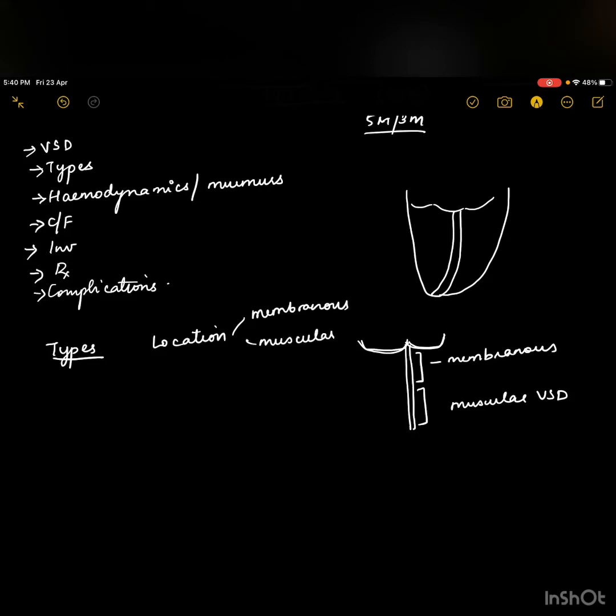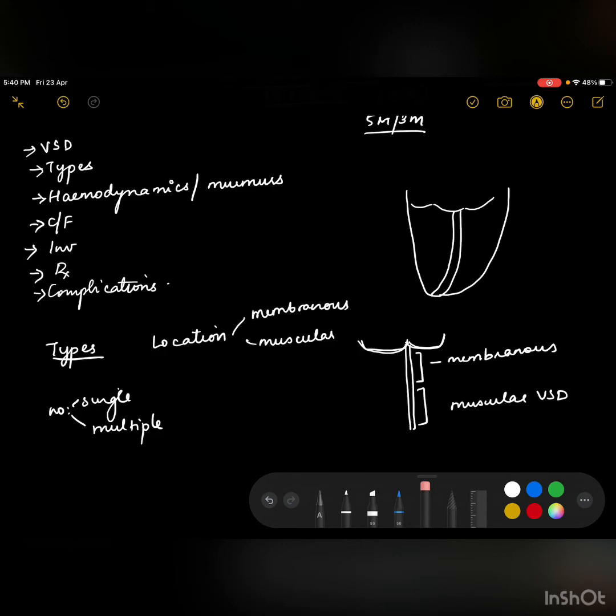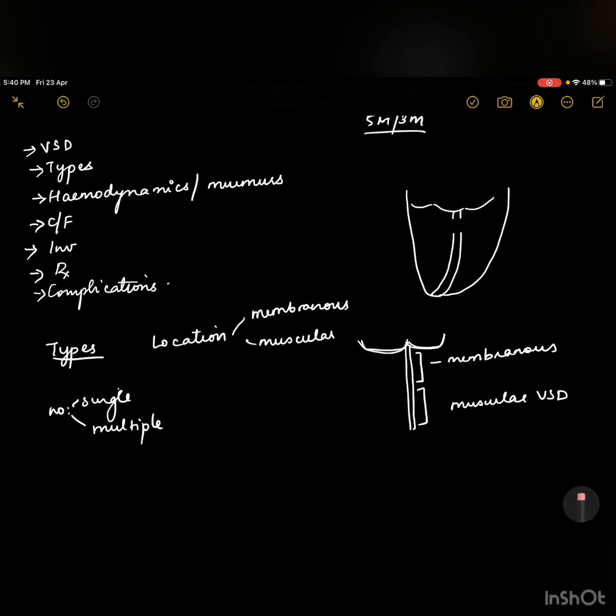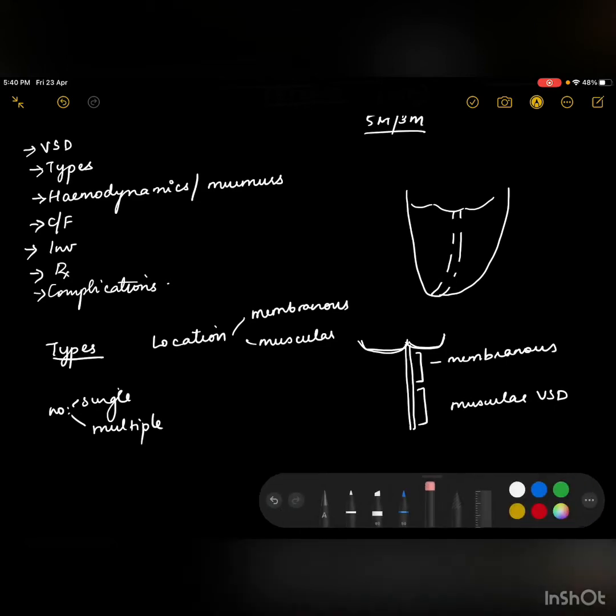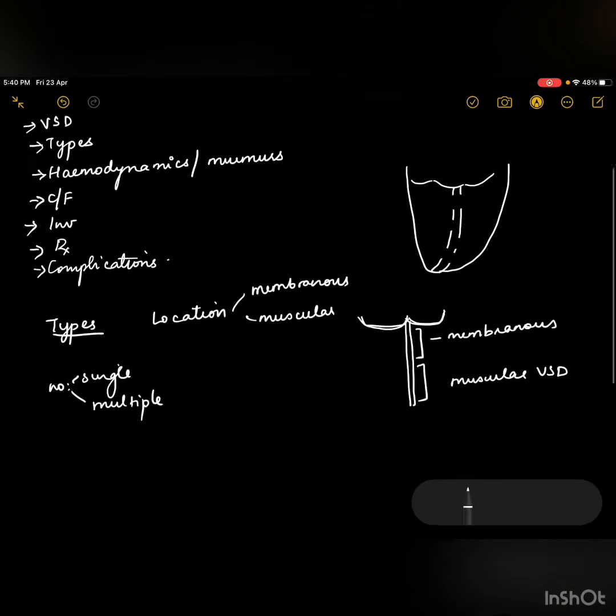Depending upon the number of defects, it can be a single or multiple VSDs. So the defect can be either a single septal defect or there can be multiple defects along the septum, and that is another type of septal defect.